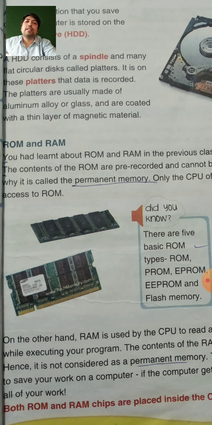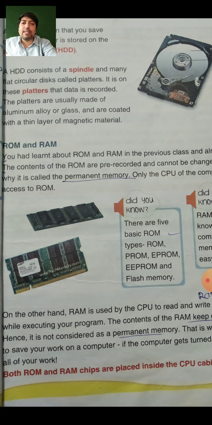It is on these platters that the data is recorded. The platters are usually made up of aluminum alloy or glass and are coated with a thin layer of magnetic material. Magnetic material is useful to store the data, and it is very important.